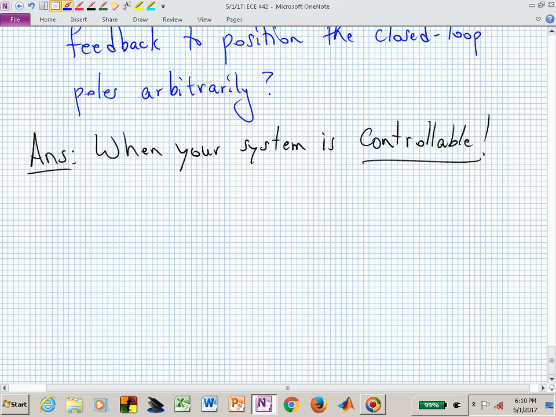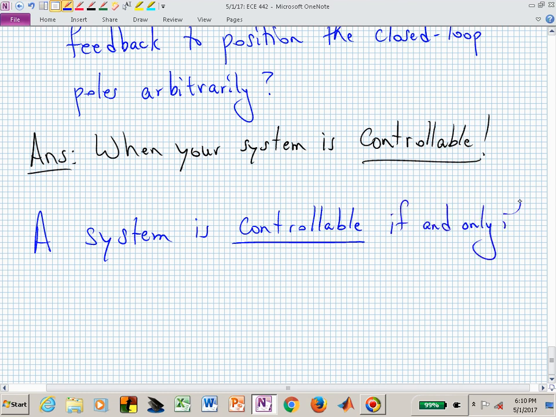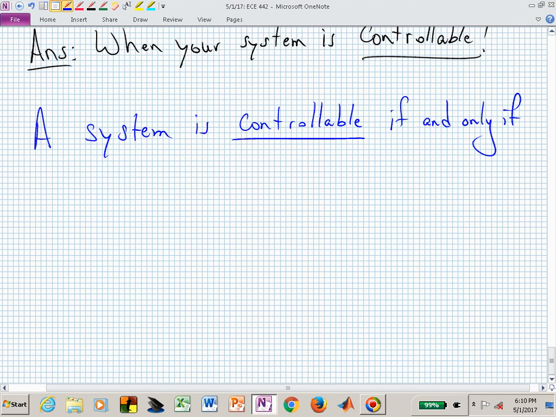And now what we want to do is present the way that you check whether a system is controllable or not. A system is in fact controllable if and only if the following matrix is full rank, where the matrix, let me try that again.